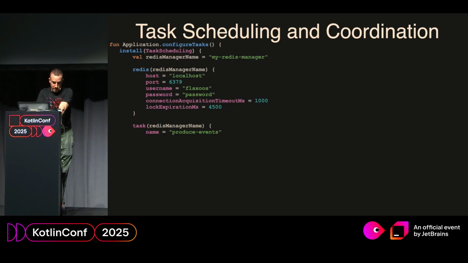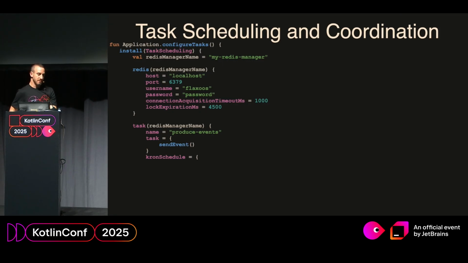So we define the name of the task and the task itself, which is just sending the event. And we give it a schedule. Here we're using the cron DSL, which is a lovely library, which is doing basically cron in a very Kotlin style, like this. And that's it.